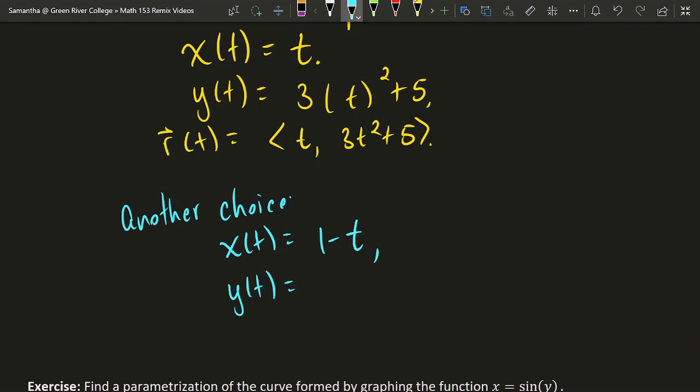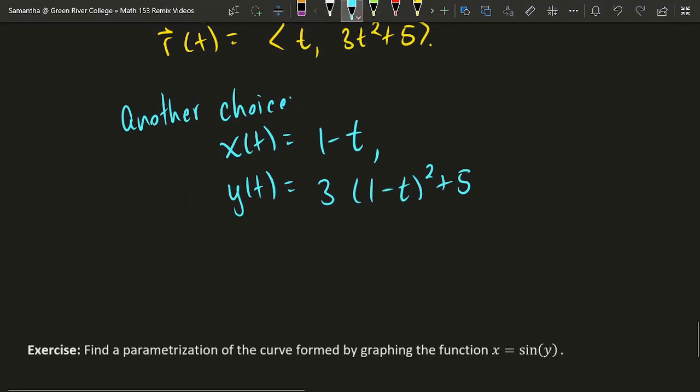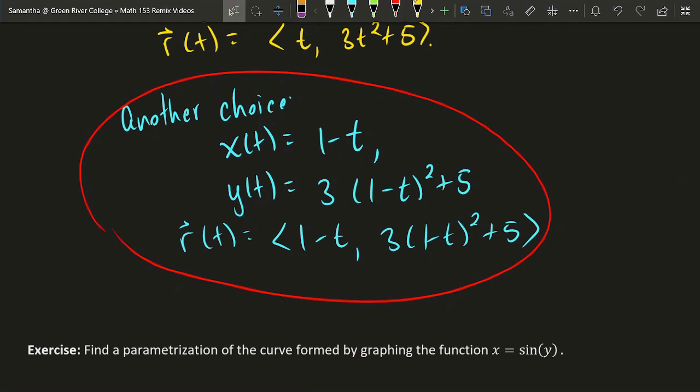Y of t would have to be 3 times that x squared plus 5 in order to satisfy the given equation. But in my experience, there's not really much reason to go with the more complicated choices like this.